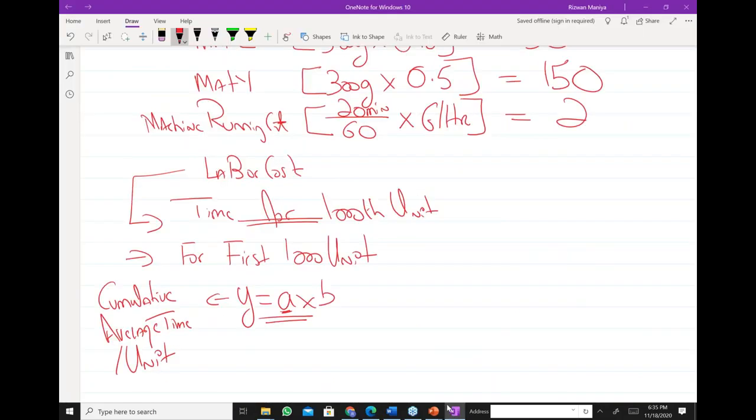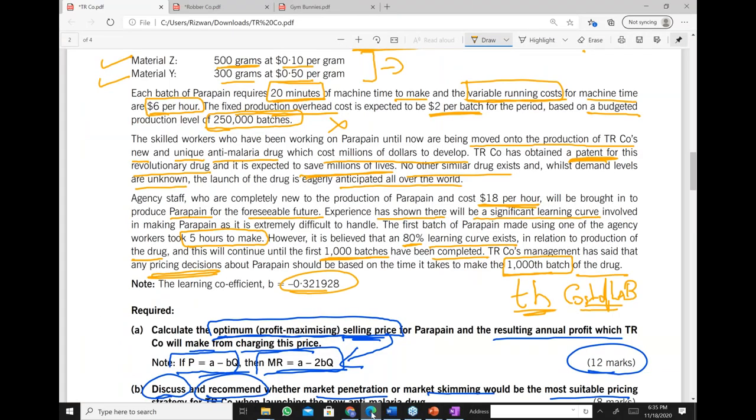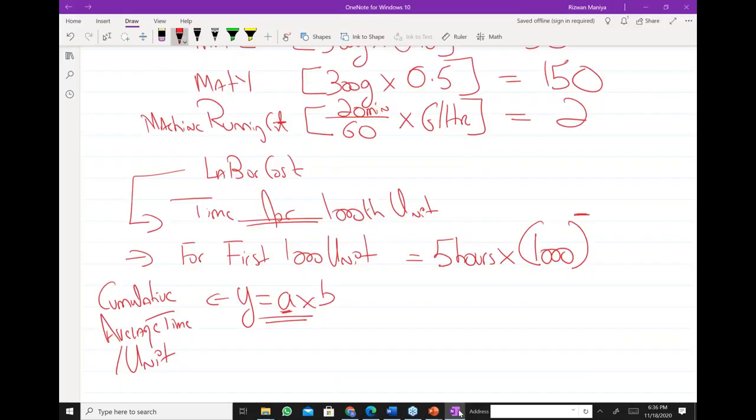I need the answer for 1,000 units. So the time to make one unit is 5 hours, multiplied by 1,000 to the power of 0.321928, since I need the average for 1,000 units and the power value is given in the question. Tell me what average per unit answer you are getting using your scientific calculators.